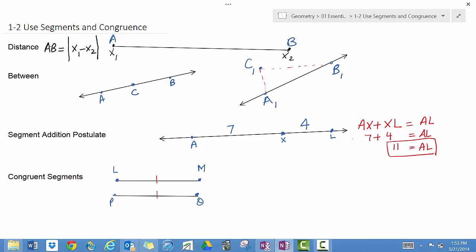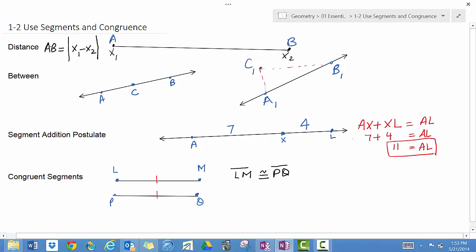Congruent segments. You will notice that segments LM and PQ have 2 little red lines, or red little segments we should say, and this indicates that both of them are congruent. Another way of writing down in geometry to show that 2 segments are congruent is this.